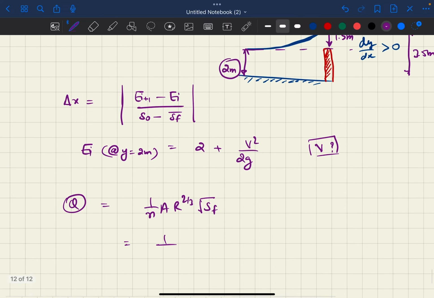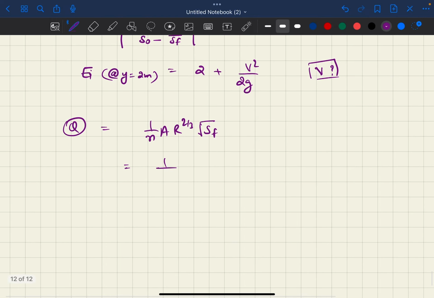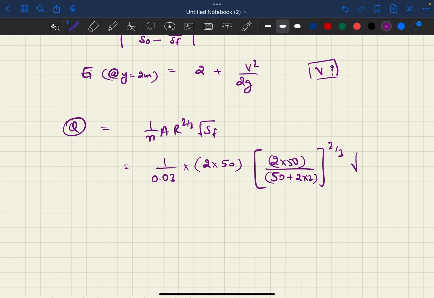So we'll substitute the value of n 0.03 into area 2 meters into 50 meters width into wetted area upon wetted perimeter raised to power 2 by 3 under root 1 upon 2000.